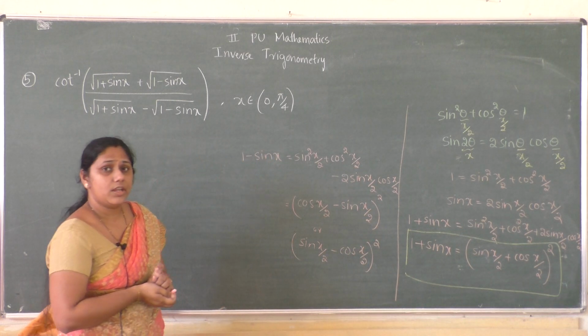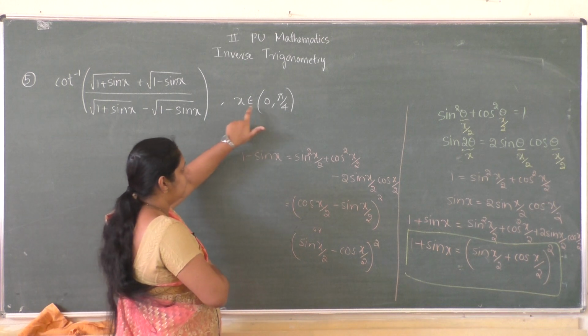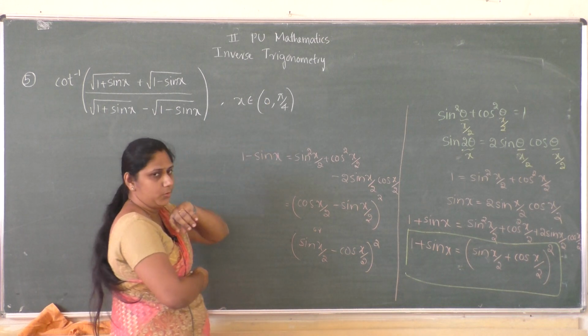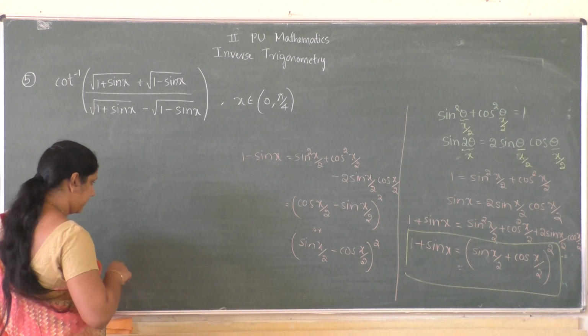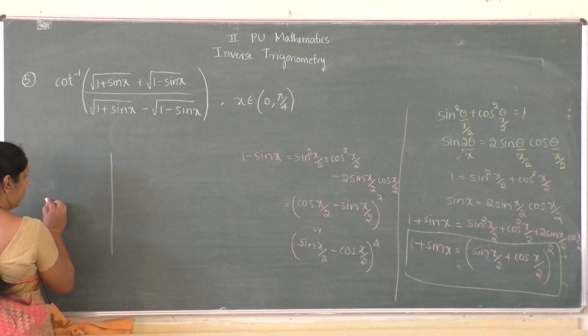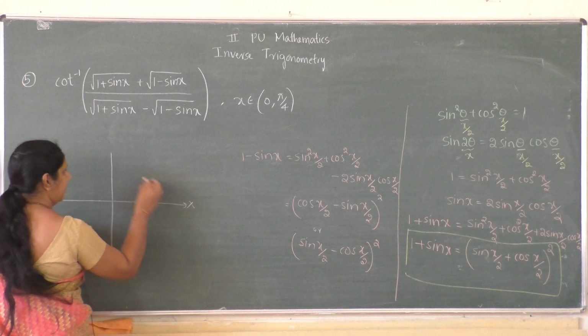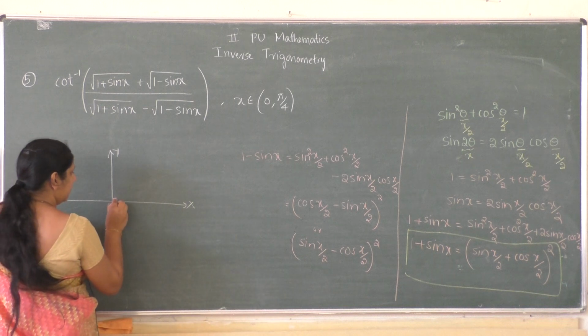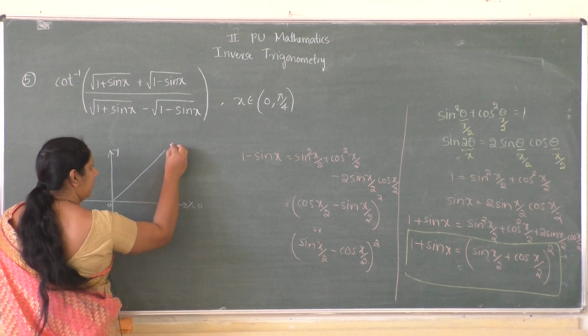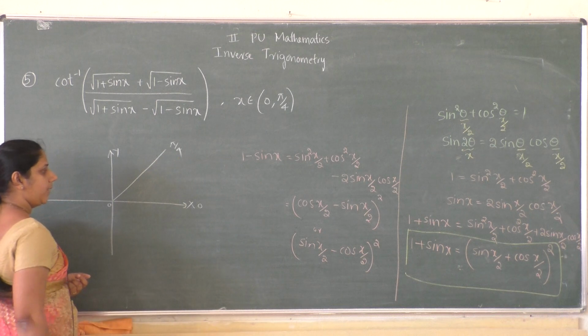But what is the condition given for x? Here x belongs to the open interval 0 to pi by 4. Open interval 0 to pi by 4 means which quadrant? First quadrant up to this value, right? If this is 0, this is pi by 4.